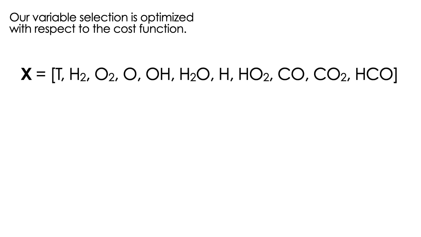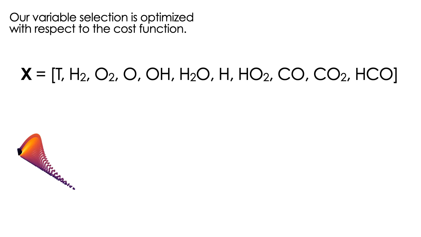So to give you a hint of how that algorithm can be implemented, if this is our starting state vector, x, composed of temperature and a couple of species mass fractions, then if I project this state vector as it is, then this is the projection that I get.